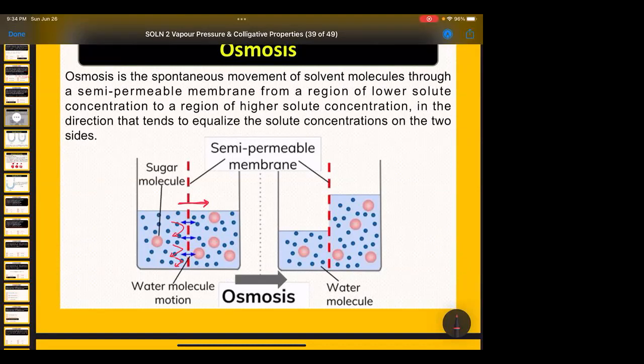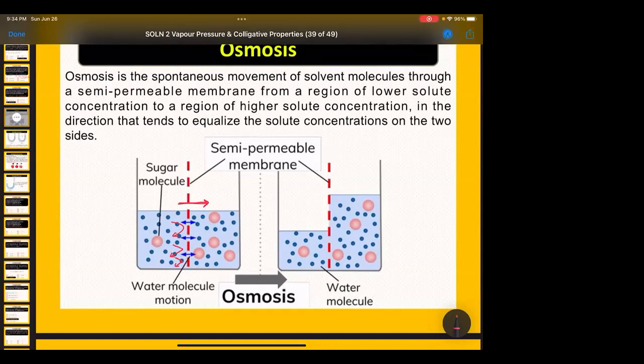Clear? And you can see that water molecules are colliding more frequently on the semi-permeable membrane on this side, because here the sugar molecules are less and they are not blocking the water molecules from colliding with the membrane.